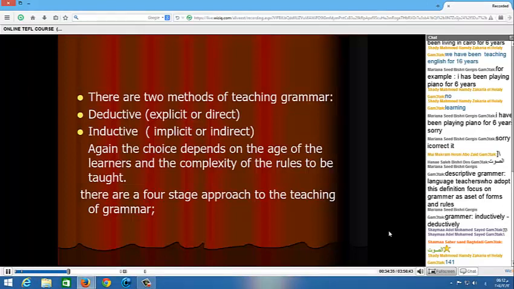Perhaps the inductive way is more appropriate to lower levels, while deductive ways are perhaps more appropriate for advanced levels of language learners. The choice depends on the age of the learners and the complexity of the rules. If the rules are complex, we better introduce them deductively.